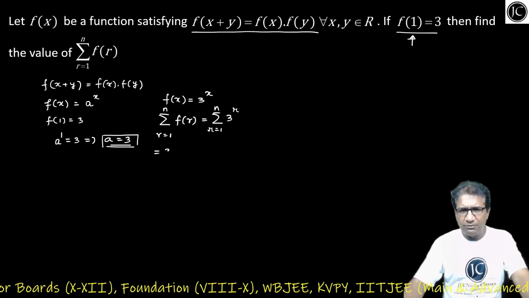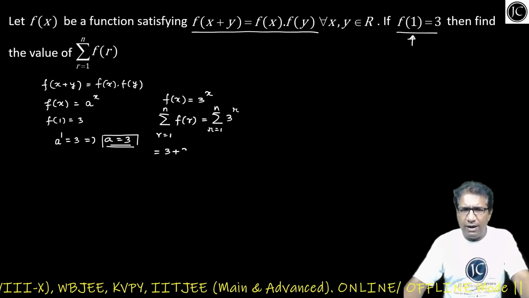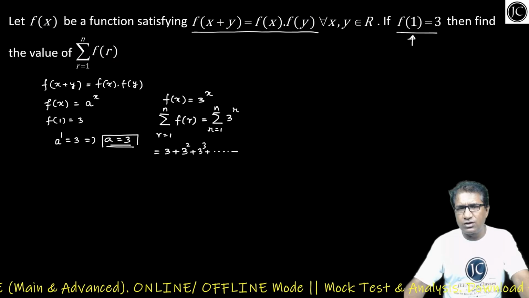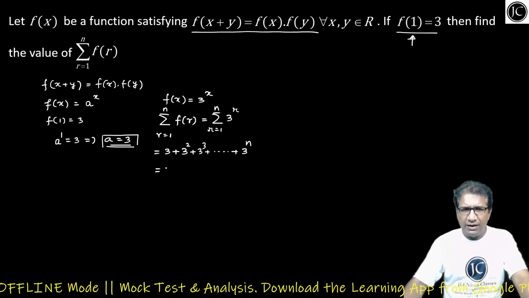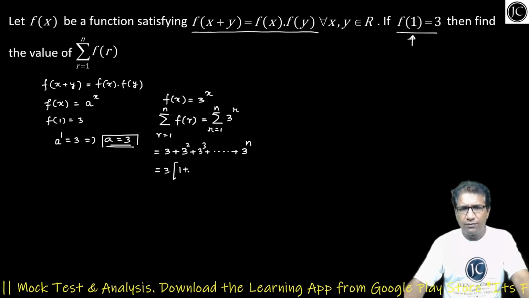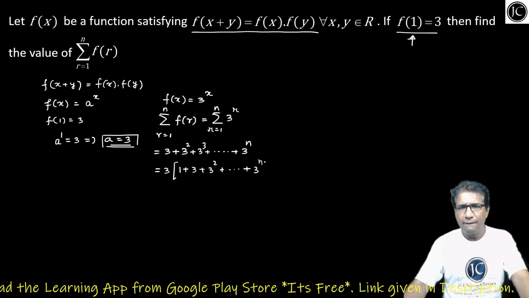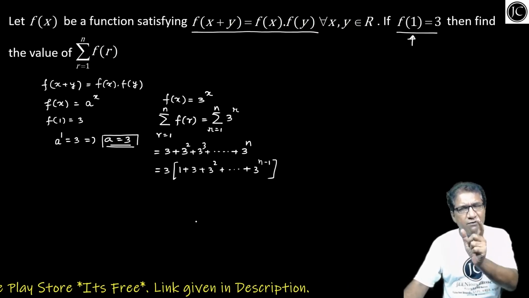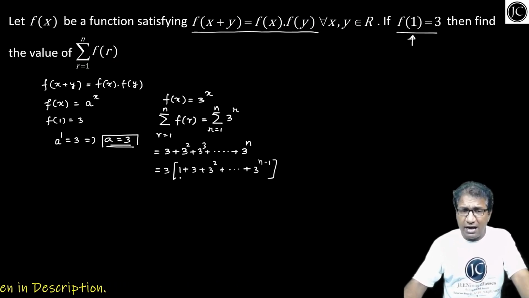If I remove the sigma sign, we are going to have 3 plus 3 square plus 3 cube plus so on up to 3 to the power n. Now this is a GP series. Let me take 3 common. So it comes out something like this. Now we are simply using the summation for n terms of a GP series whose first term is 1 and common ratio is 3.